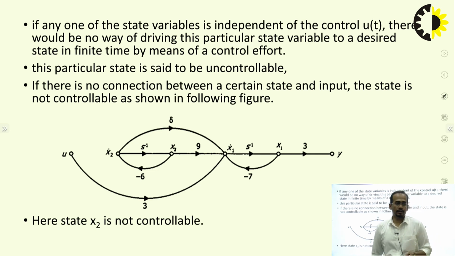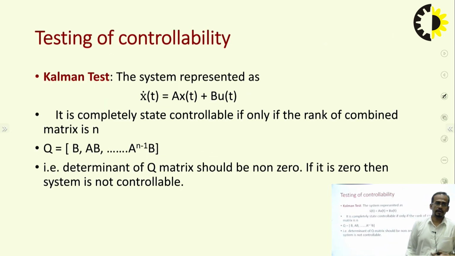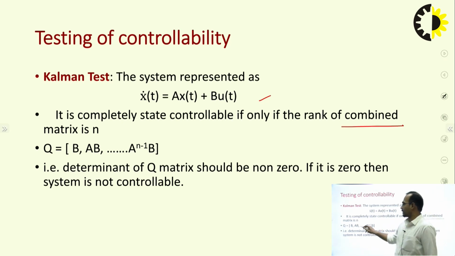For this we can use the formula given by Kalman. If the system is represented by the state equation x dot(t) equal to Ax(t) plus Bu(t), it is completely state controllable if and only if the rank of the combined matrix is n.